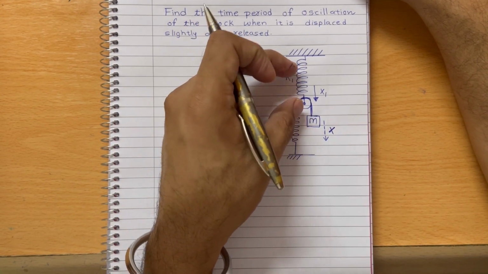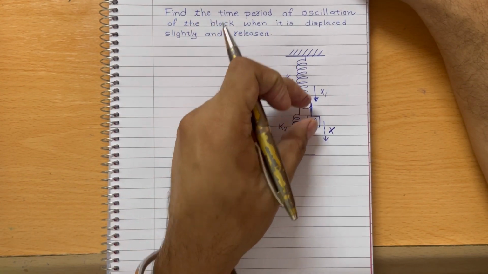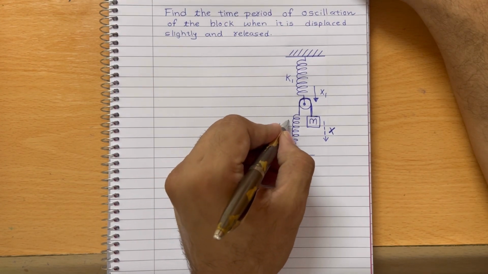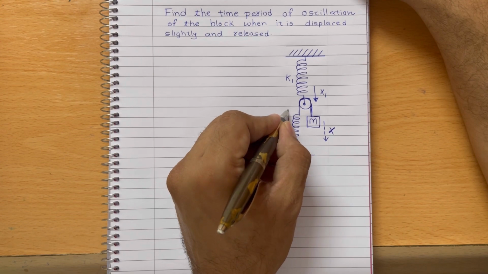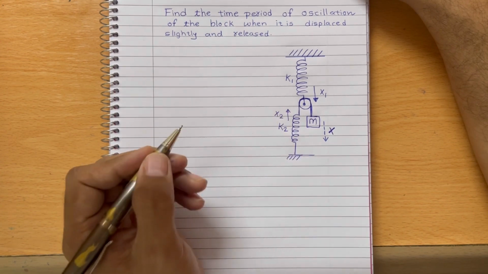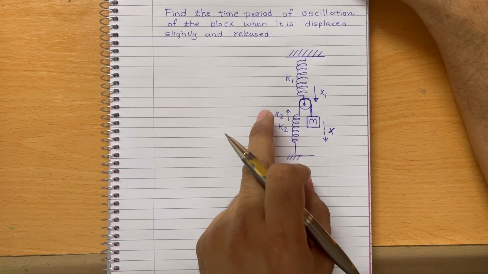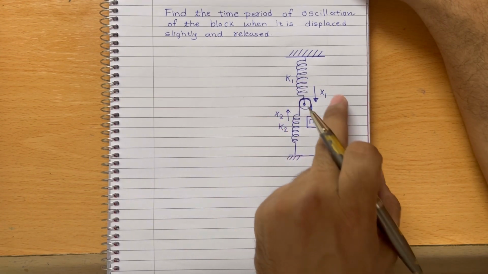And this second spring, the K2 spring, will also stretch. Let's say it stretches by x2 meters. So x1, x2, and here x I have taken. First of all, we have to find out the relation between these three.